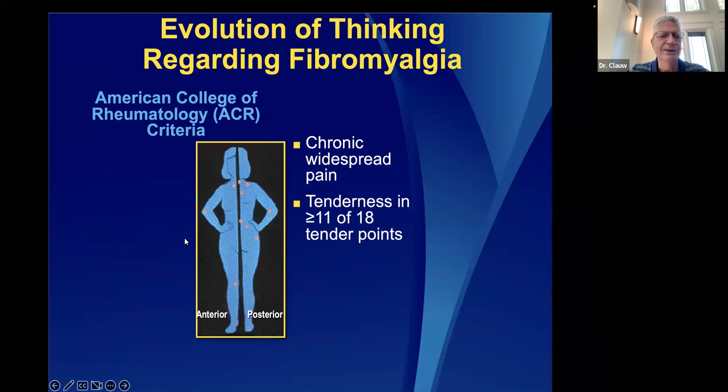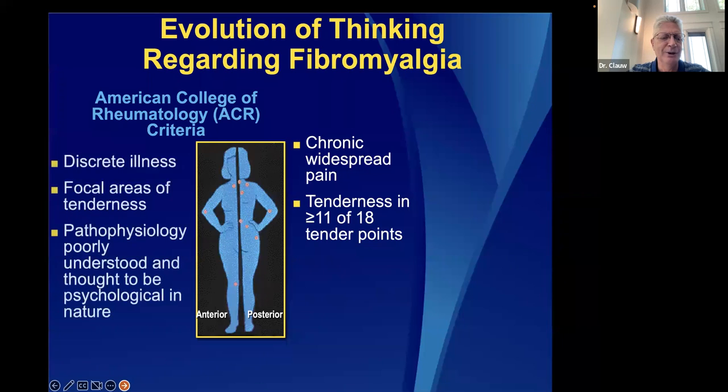The other condition that I'm going to talk about today, more as a metaphor rather than as a standalone diagnosis, is fibromyalgia. Our group at the University of Michigan is arguably the best known group in the world with respect to our studies of fibromyalgia, and we have helped legitimize fibromyalgia as a legitimate pain condition.